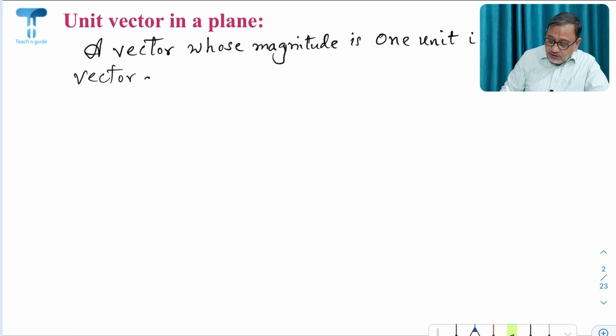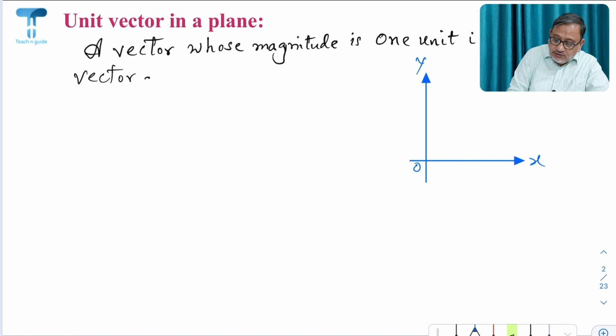So let me draw the coordinate axis. Let this be x-axis and origin and y-axis.